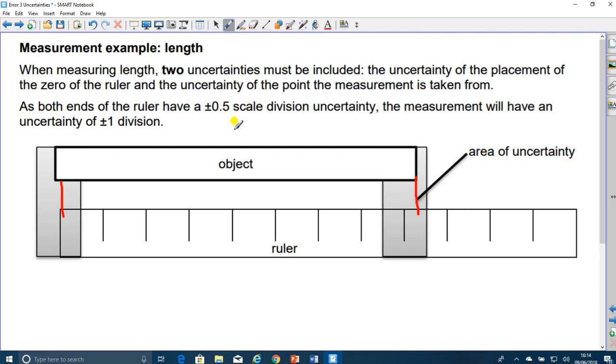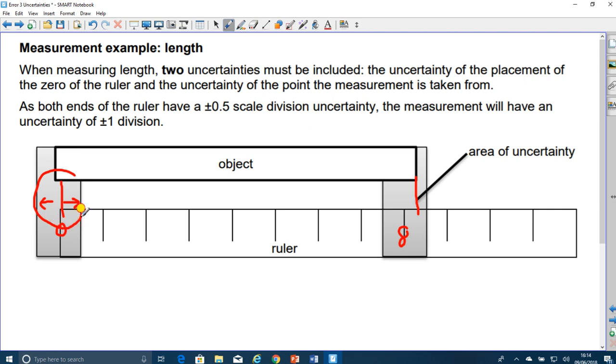So what we can see here is we've got this scale going up. Say it's in centimetres. So this should be 0 centimetres, 1, 2, 3, 4, 5, 6, 7, 8 centimetres. But when something is there, all we can say is it could be plus or minus half a division.